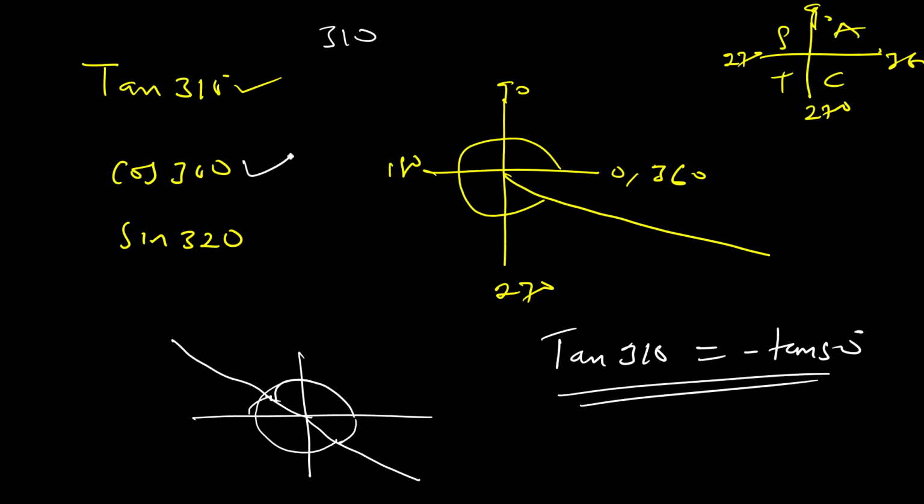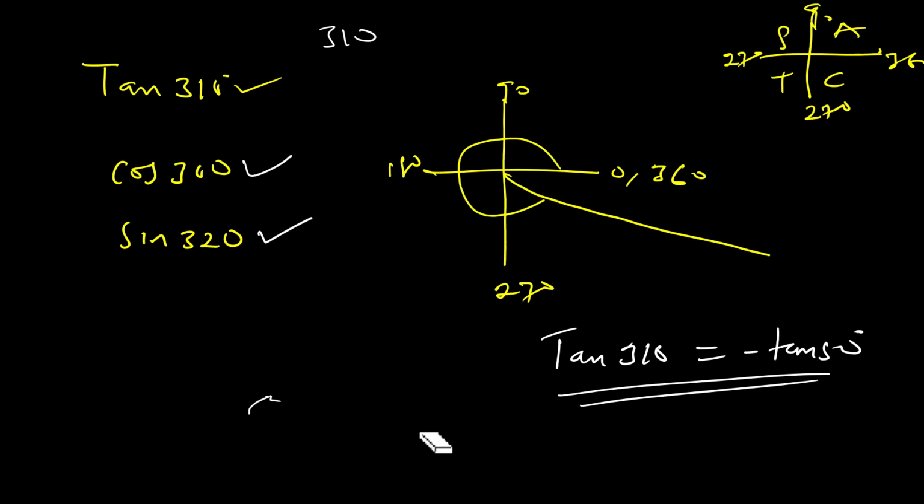Now do the same to cos 300, then sine 320. Okay, now let's talk about cos 300. So 300, we need to add 60 to make it complete. So this side will be cos.